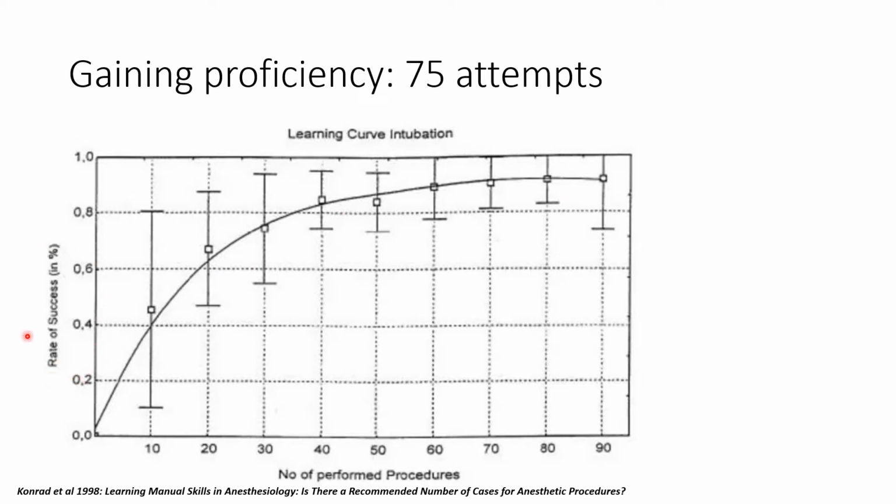The proficiency here is in the rate of success, not first pass success, just getting the tube in, which is not necessarily first time, which, as we will talk about, is really important. But gaining this kind of proficiency seems to take 75 attempts, 60 attempts, something like that. Then you have the skill set down.